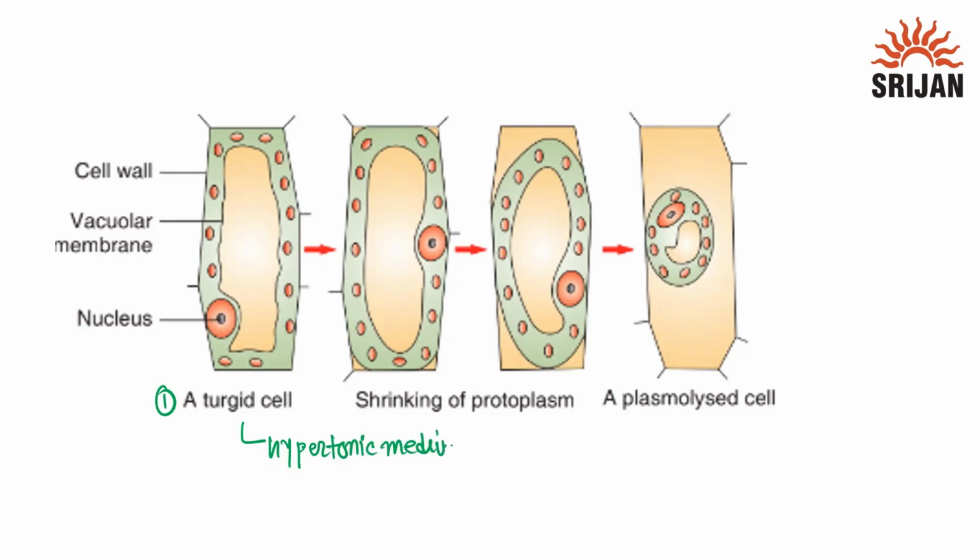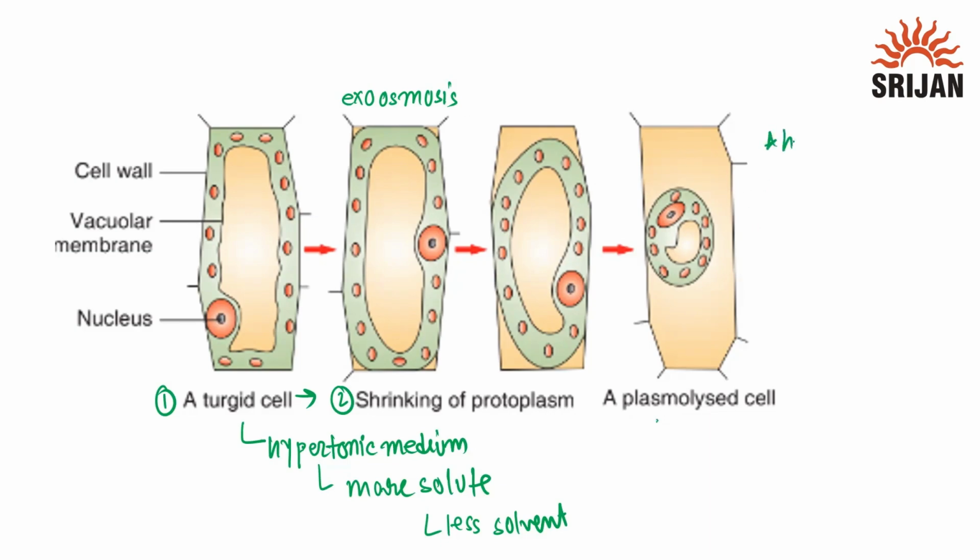Hypertonic means more solute, that means less solvent. So water will come outside, exosmosis will happen, and we can see shrinking of the protoplasm. A plasmolyzed cell.